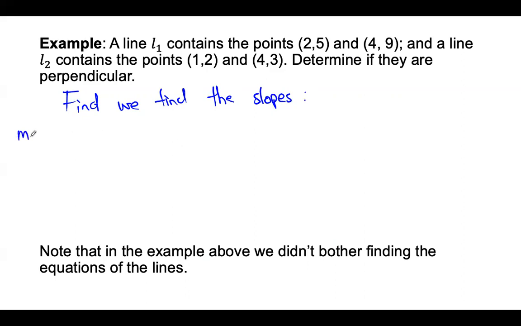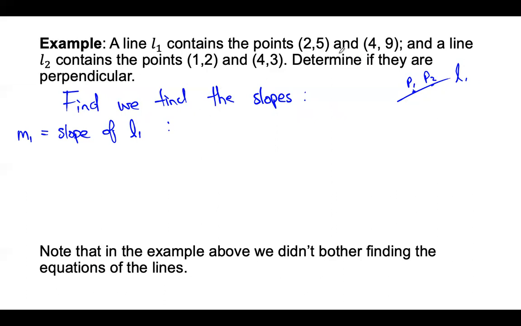So M1, the slope of L1, I recommend you know this. You pick the first one, you have 2 points, you could draw them. This is L1. It's Y2 minus Y1 divided by X2 subtract X1.